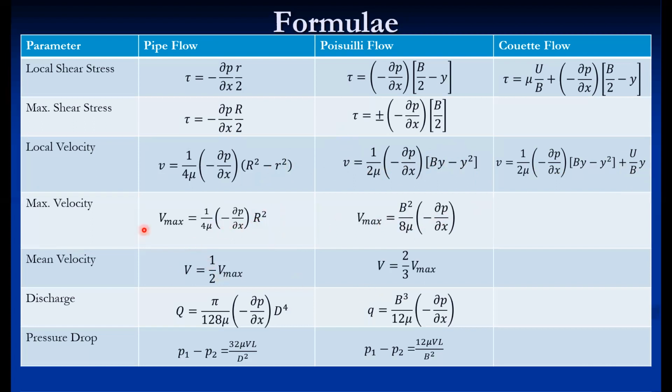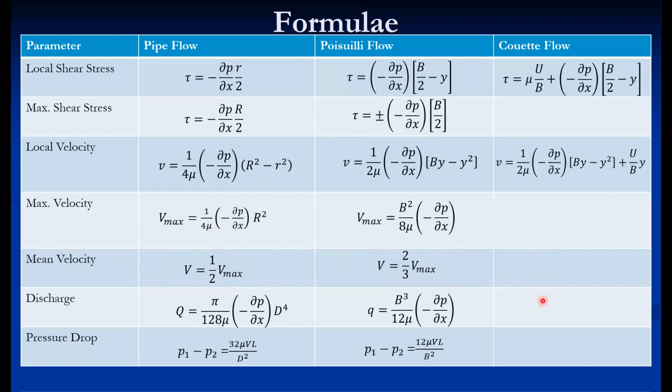Mean velocity, this way we can memorize the expression of mean velocity in terms of maximum velocity, because maximum velocity we can develop from local velocity. And the mean velocity expression is comparatively easy to memorize. In case of pipe flow, it is 1/2 Vmax. In case of Poiseuille flow, it is 2/3 Vmax.